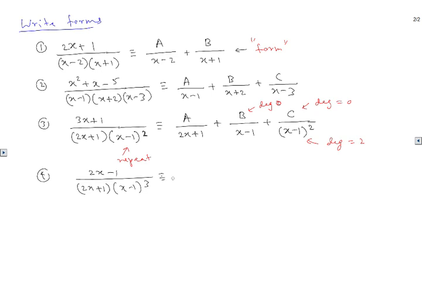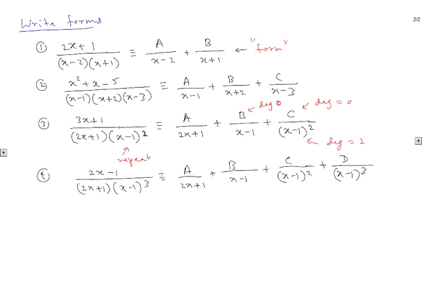What's going to happen here is a over 2x plus 1, and then b over x minus 1, and then c over x minus 1 squared, and then d over x minus 1 cubed. So you can see everything follows the pattern of the smallest one.